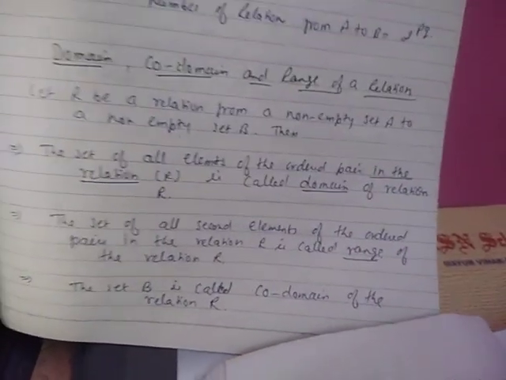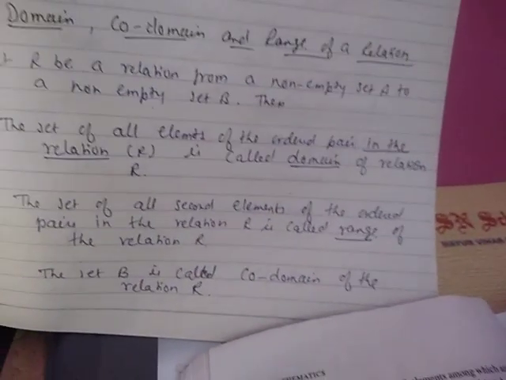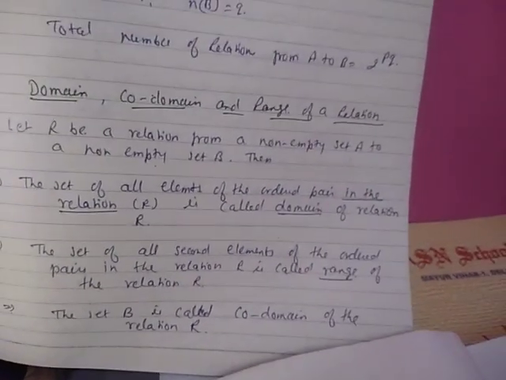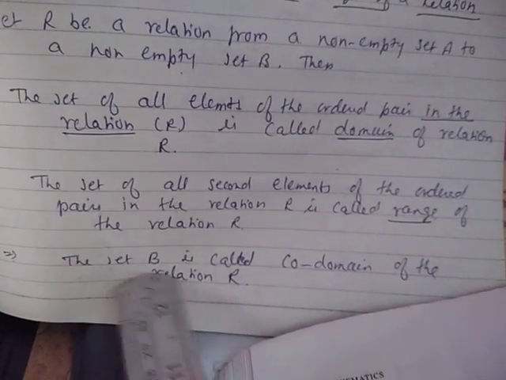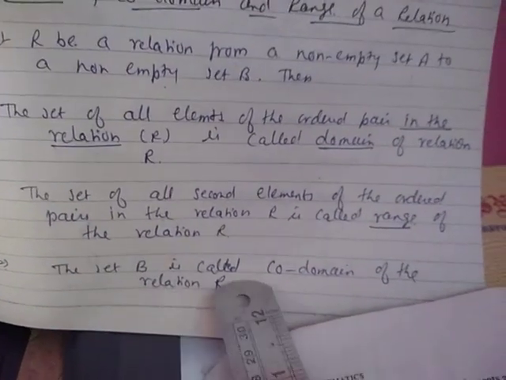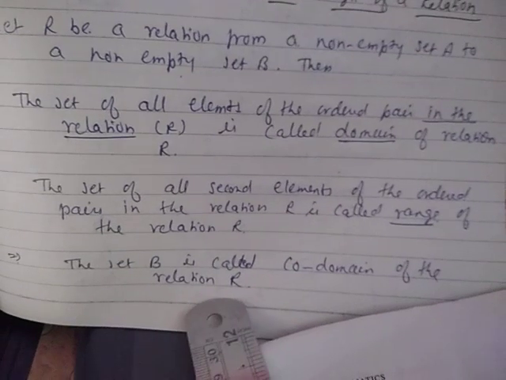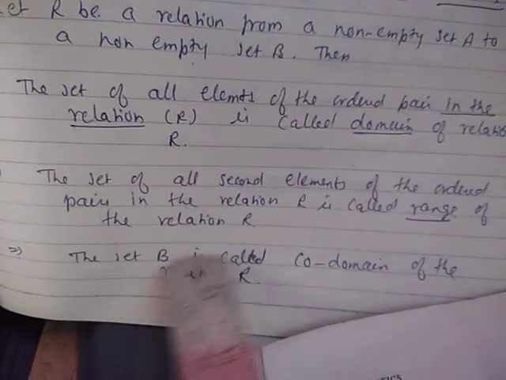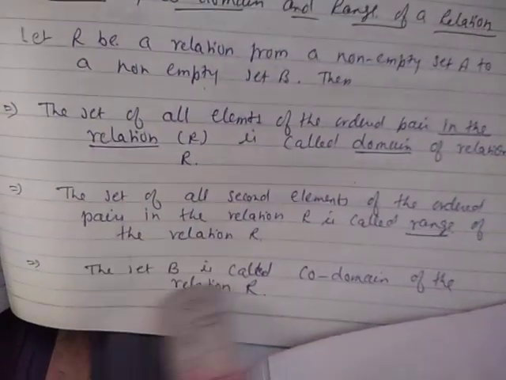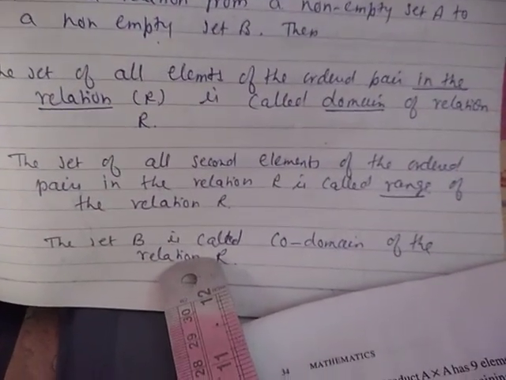If R is equals to {(x, y)}, then x will be your domain and y will be your range. And the set B, that means the second set, is called the codomain of the relation R. All the elements in set B are the codomain of the relation.